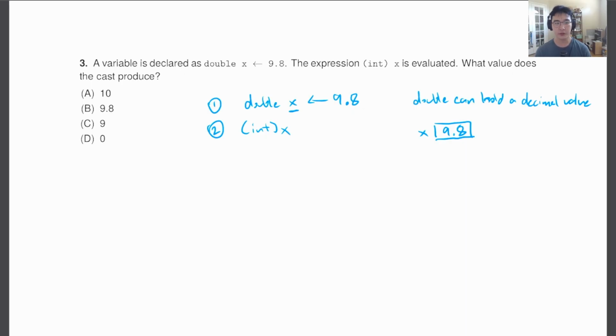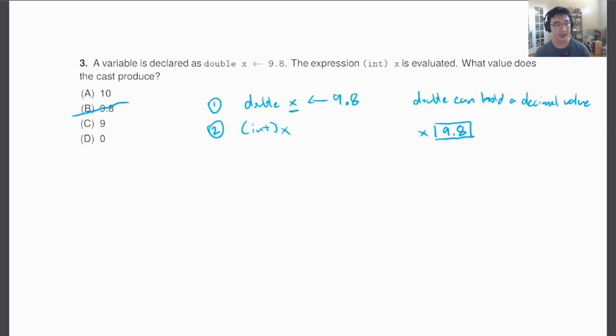Now, I don't know if you know integers, but if we just start listing some, 5, 6, 7, 2, -5, you'll notice that they don't have any decimals, right? So what we want to see is an answer choice that doesn't have any decimals. And that's what casting does. Casting gets rid of the decimal. So what we can see in our answers, we can immediately eliminate answer choice B.